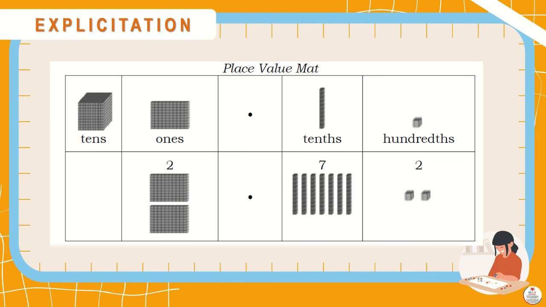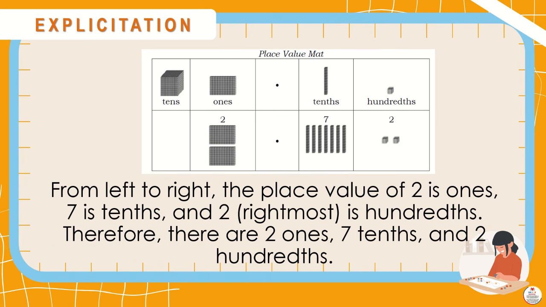For the tenths, 7. And for the hundredths is 2. From left to right, the place value of 2 is ones, 7 is tenths, and 2, rightmost, is hundredths. Therefore, there are 2 ones, 7 tenths, and 2 hundredths.